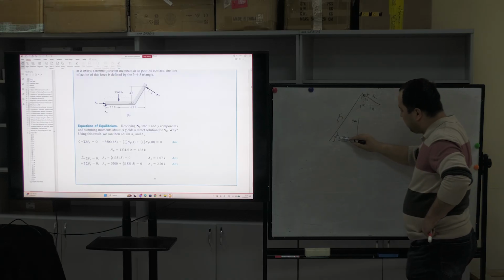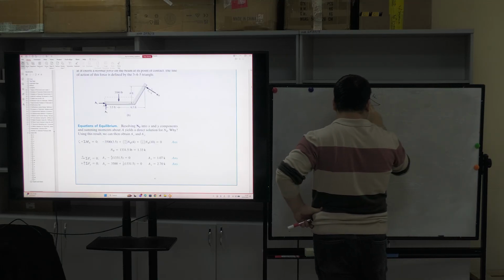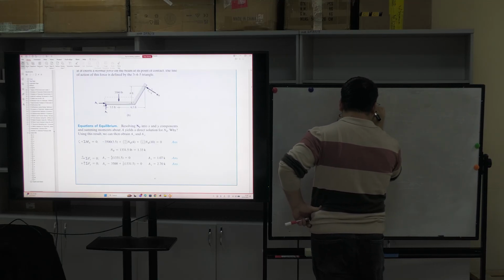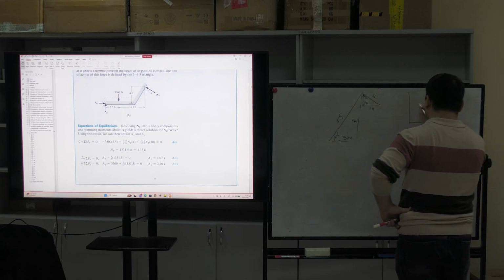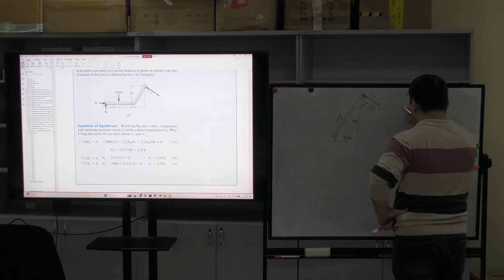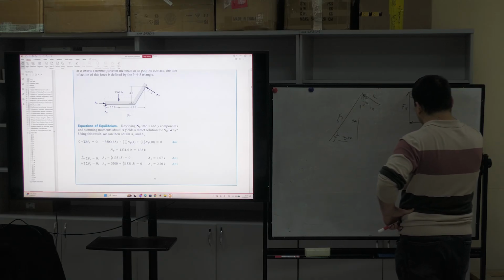So if we have alpha here and alpha here, let me draw it: this is FV, this is FH, this is our total force, and this is alpha.